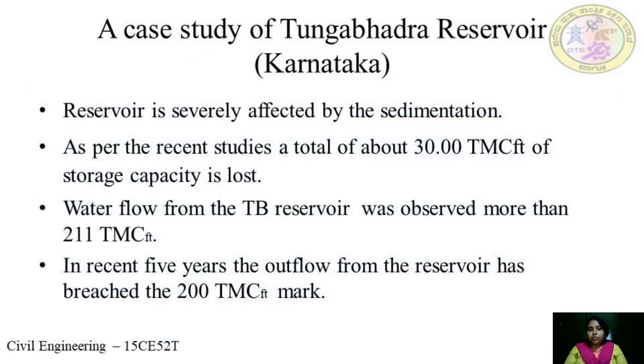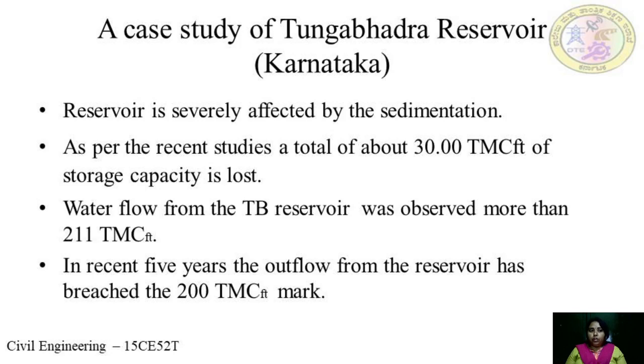As you already know, these days the reservoir is severely affected by sedimentation. As per recent studies, a total of about 30 TMC of storage capacity is lost due to the deposition of silt.